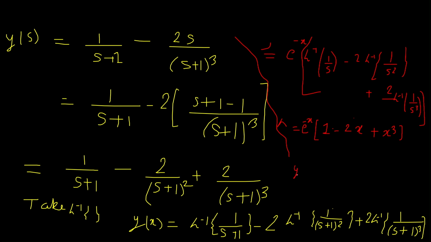So we have got our answer: y of t equals e to the power minus t times t minus 1 whole square. That's our answer.